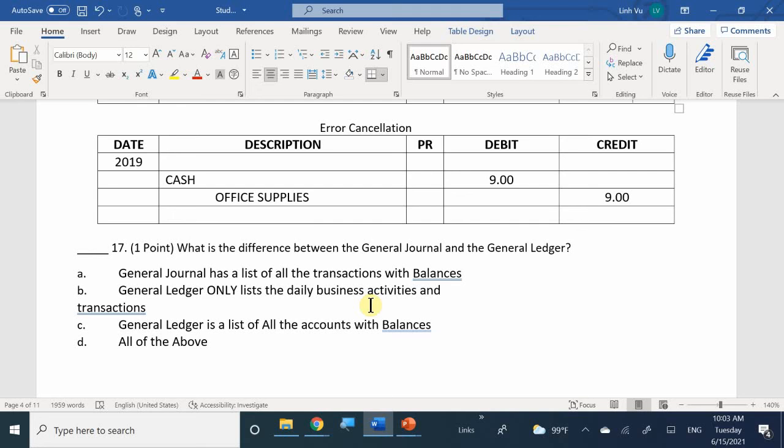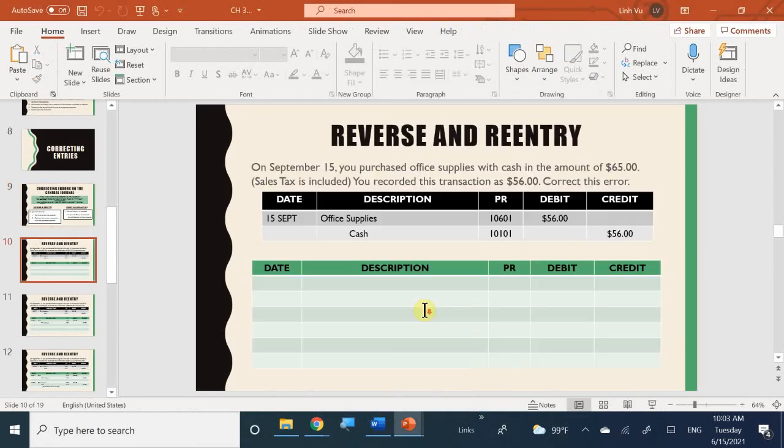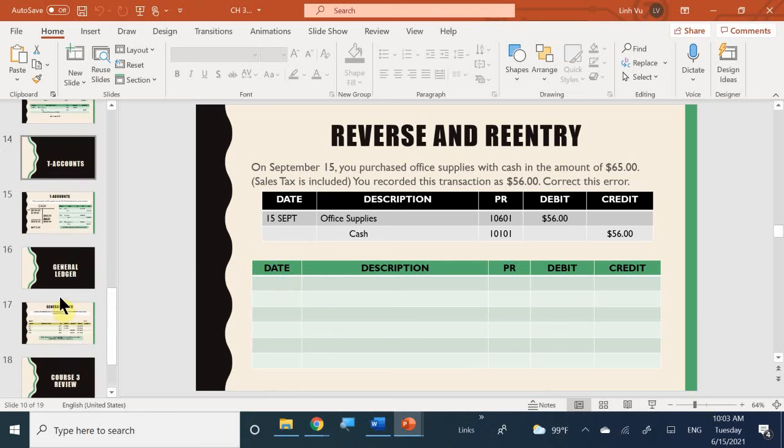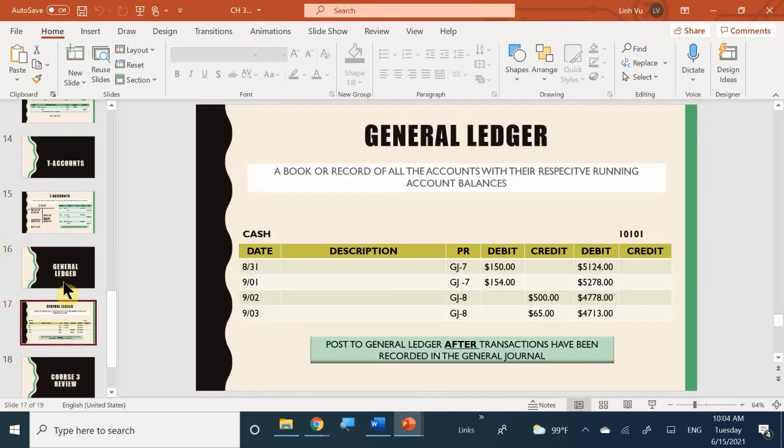Yes. So again, when we look in chapter 3, it looks identical to a regular journal. The only difference is that we have account balances. In this case, we use the ledger to determine how much money we have in each account.